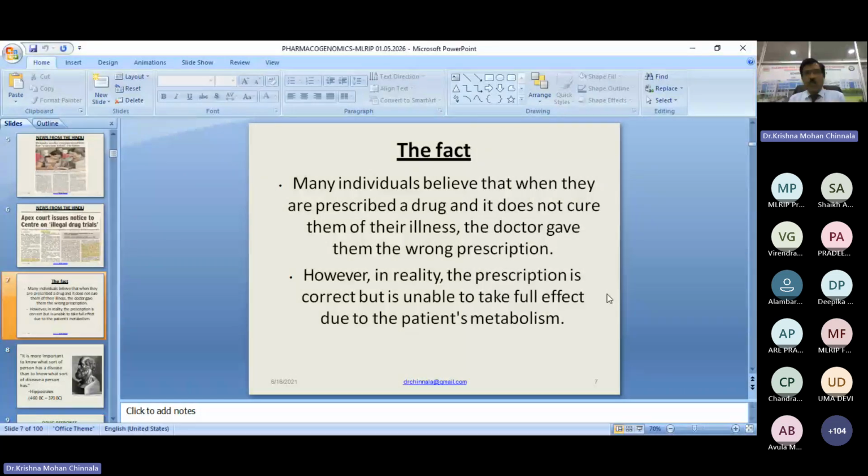So that's why inter-individual variation came into the picture, precision medicine came into the picture, and personalized medicine came into the picture. So we have to think as a pharmacist about the prescription drug and the full effect, whether it is there with the patient or not. That's why it is important to conduct patient counseling regularly for all the patients.